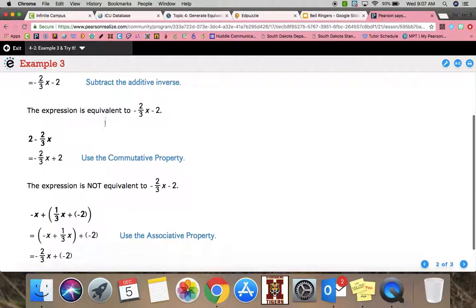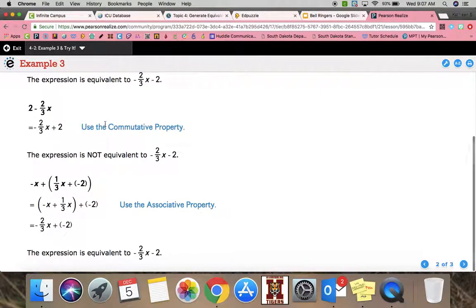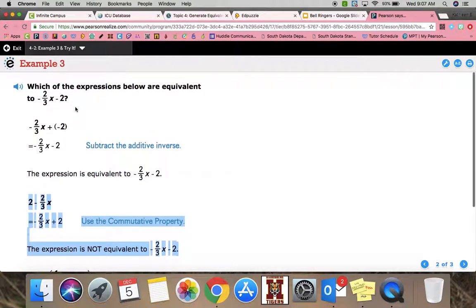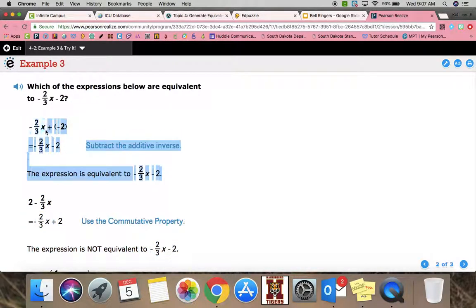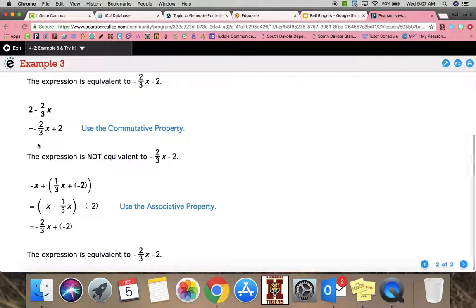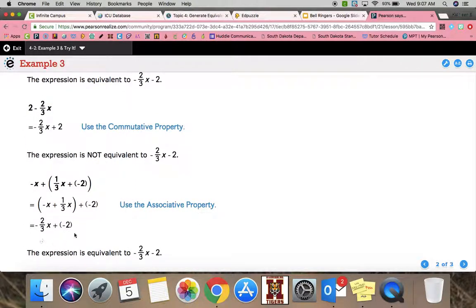So that one is not equivalent. This expression goes together with this one here, right? Because this was equivalent, this is not, and then this one is equivalent because we used the associative property. They just moved the parentheses down and combined like terms.